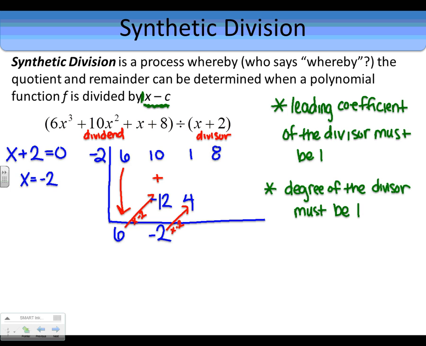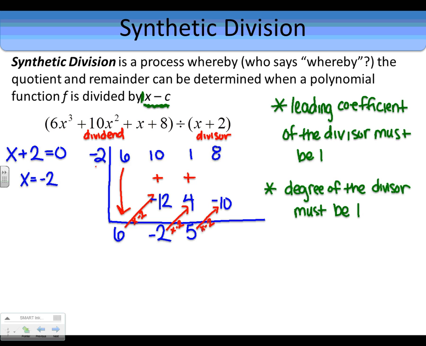Now I have my 1 and my 4 that are lined up, so I'm going to add those together. 1 plus 4 is going to be 5. Keep repeating that same process. I'm going to take my negative 2 from the divisor and multiply it by that 5 that I just got. So 5 times negative 2 gives me negative 10.